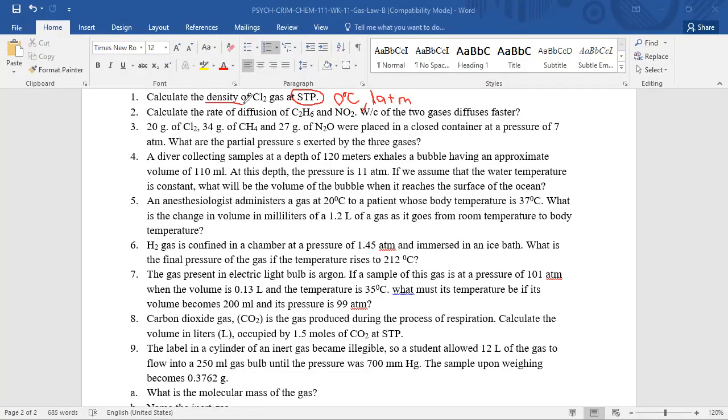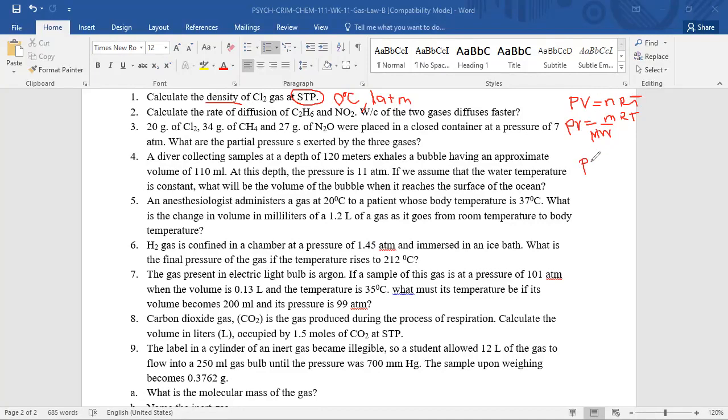Earlier I showed you how to derive the density using the ideal gas equation, which is PV = nRT. The n is mass over molecular weight, times RT. How do we get the density? We move it to the other side.